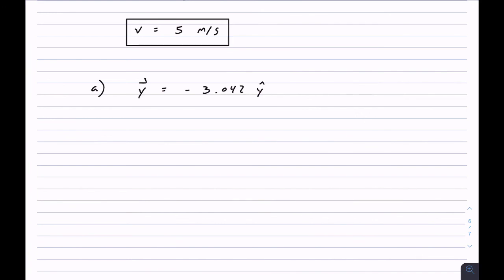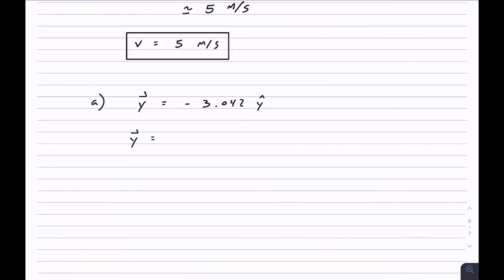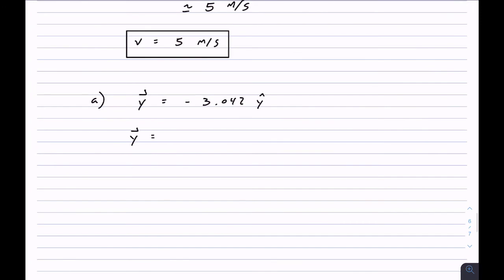Also, I should note before I move on that this could be expressed with our independent and dependent variable. What I'm saying is that we want our vector expressed in independent and dependent variable form.